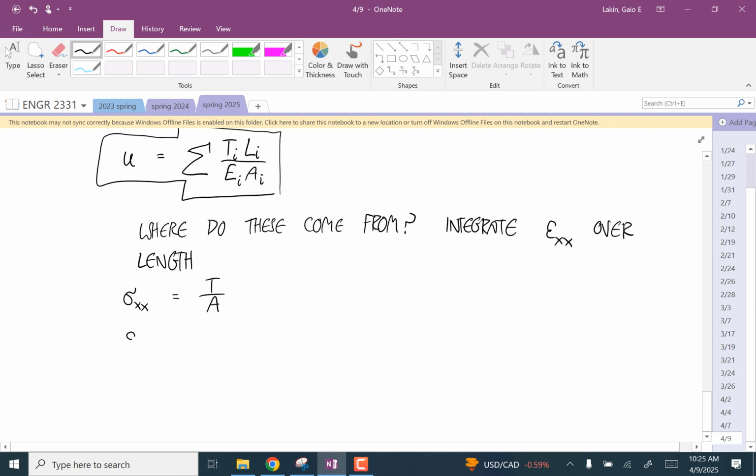And we know that the xx normal strain is 1 over E times that xx stress. So we can plug that in as T over EA. You can see this is already starting to take that shape.